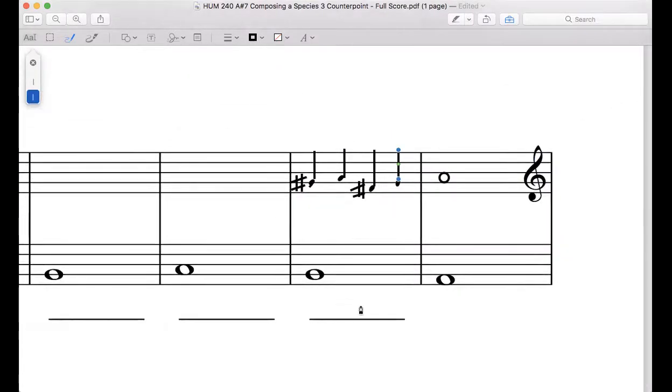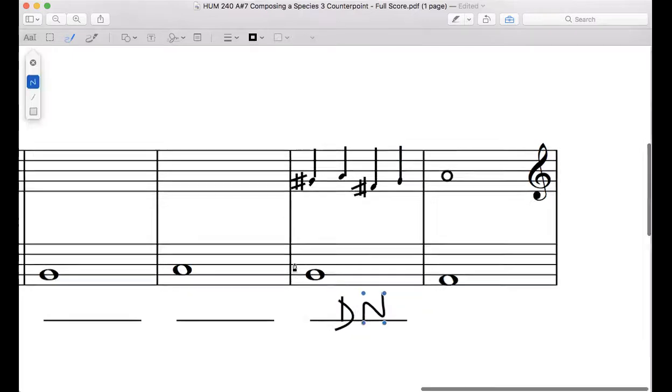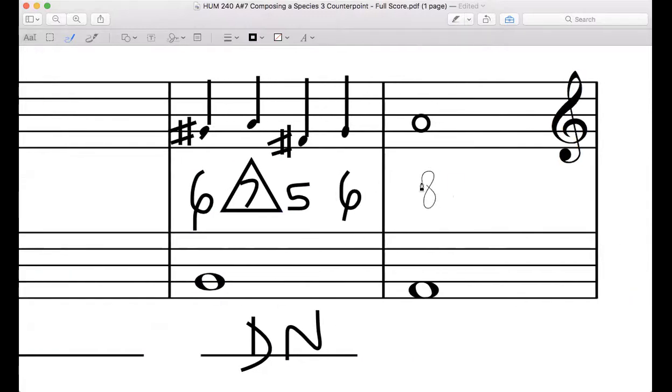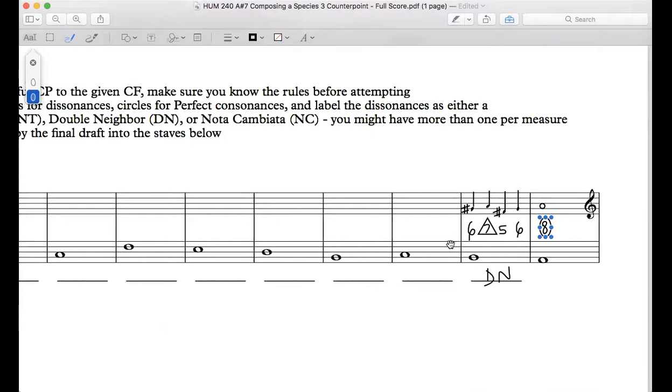And there you have it. And what is this? Double neighbor. Excuse me. It's always good to check your intervals just in case. 6, 7, perfect fifth, 6th. Okay, and I'm going to put triangle for dissonance, going to an octave. So there we have it. There's the most typical ending, species 3.